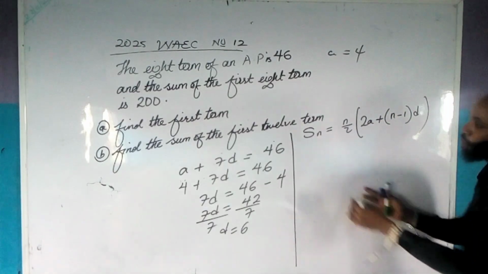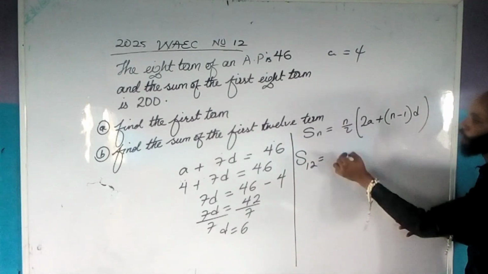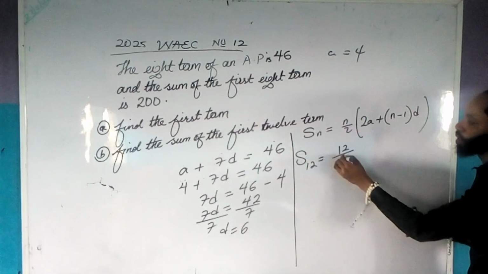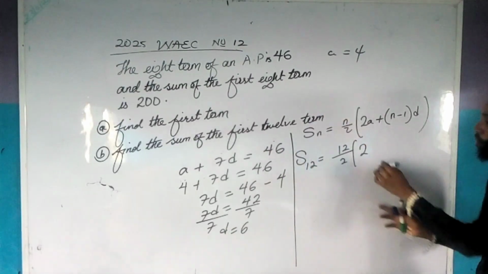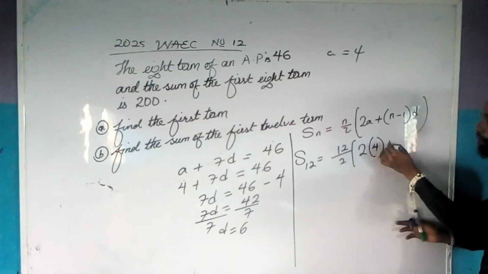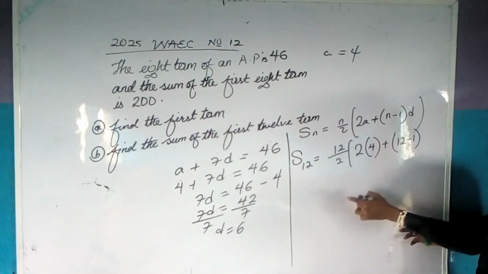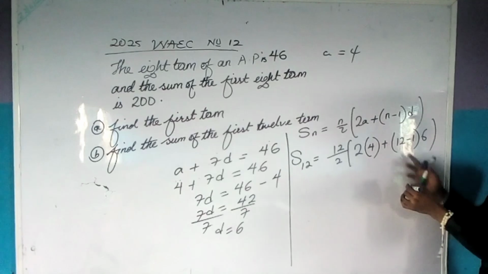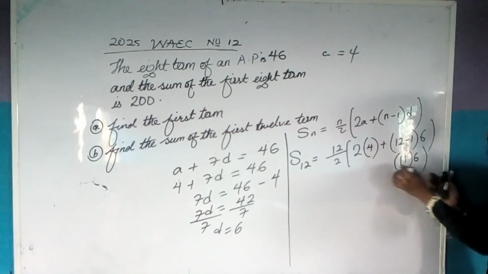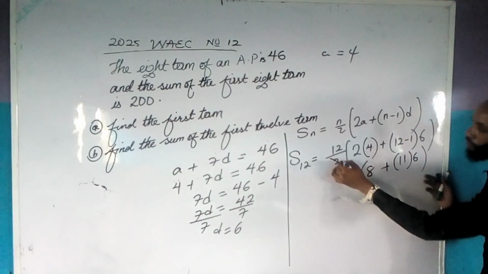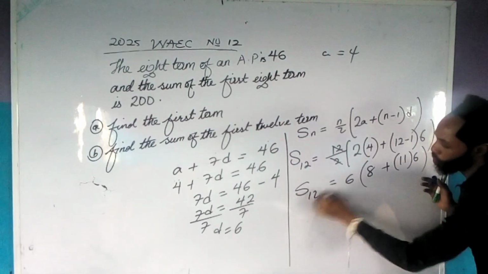Where n is 12, S12 equals 12 over 2 into bracket 2 times 4 plus 12 minus 1 times 6. So 12 minus 1 is 11, 11 times 6 is 66. The 8 is from 2 times 4.